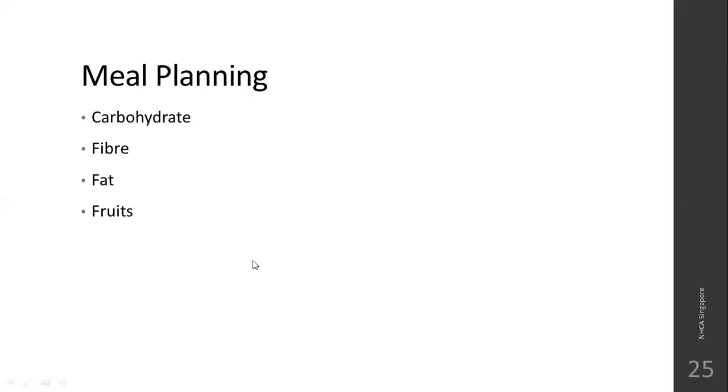And also certain fibers like pectin, gum, etc. can help the bile salts bind with them and increase their excretion. So it improves your gastric motility as well. That's the use of fiber. It helps with your cholesterol. It prevents constipation.